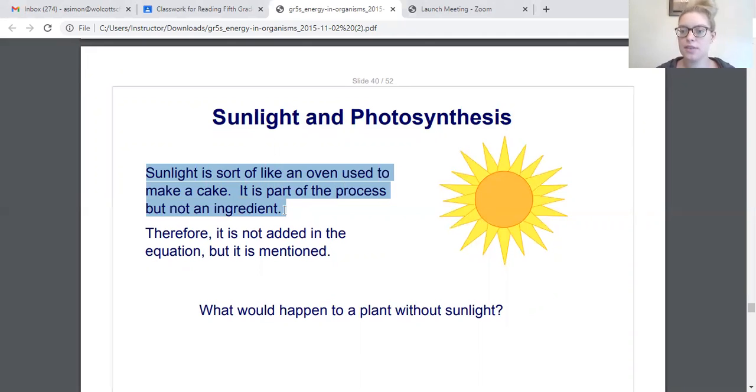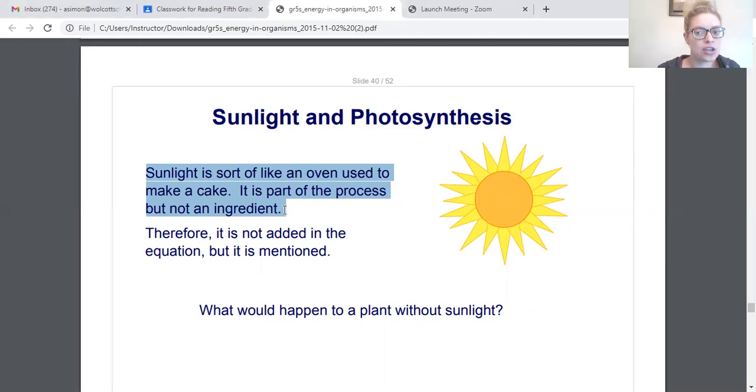If you think about making a cake, you have all these ingredients that you put in: flour, sugar, milk, eggs. But without the oven, you wouldn't be able to make this cake at all. We can think of sunlight as an oven, because without the sun, photosynthesis wouldn't even happen.